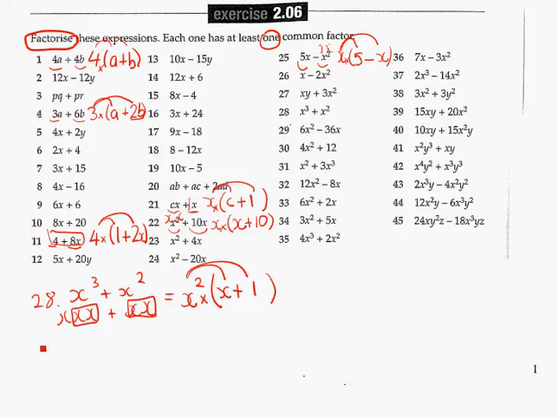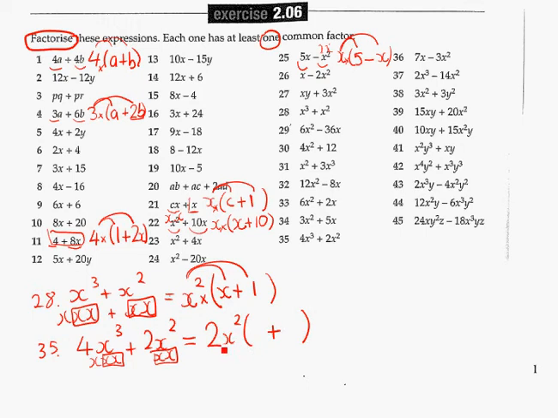Let's have a look at number 35. I'm asked to factorise 4x cubed plus 2x squared. So let's think about that and what the greatest common factor would be. Clearly between 4 and 2 the greatest common factor would be 2. And if we think about how many x's they've got in common, this is x times x times x, and this is x times x. I can see that once again they've both got an x squared in common.